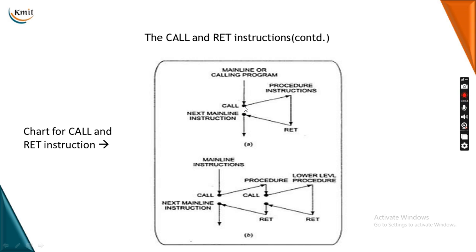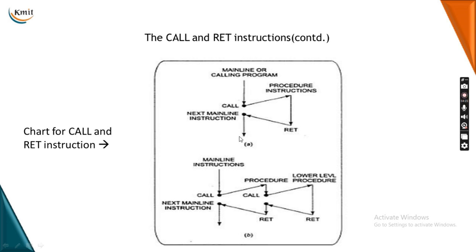So it stops here and goes to that procedure's instructions. The return address is stored into the stack and the procedure is executed, and when the return instruction comes in the procedure, the address from the stack goes into the instruction pointer, so that the next main line instructions get executed. This is how a single procedure program works.